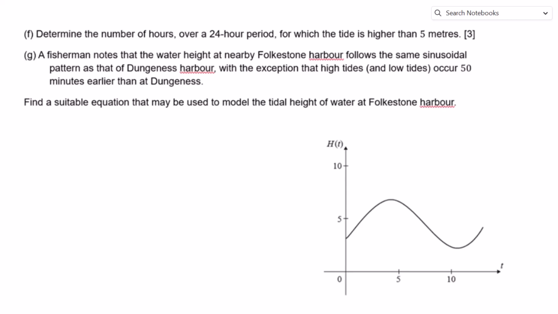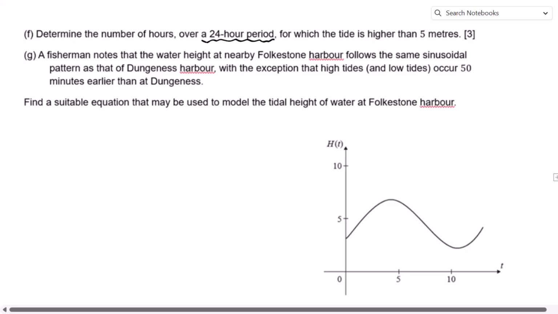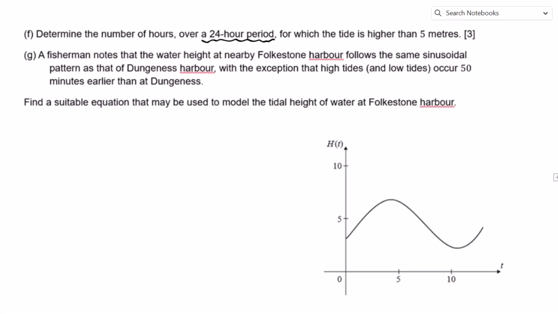Let's go to F. Determine the number of hours over a 24-hour period for which the tide is higher than 5 meters. We are looking for h of t greater than 5.